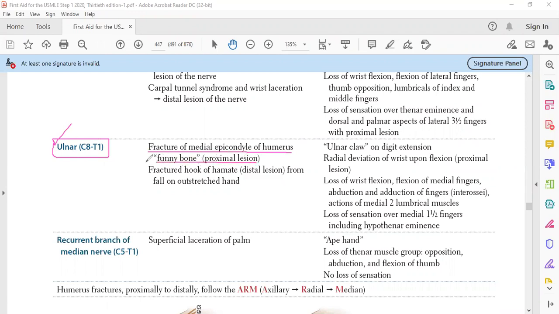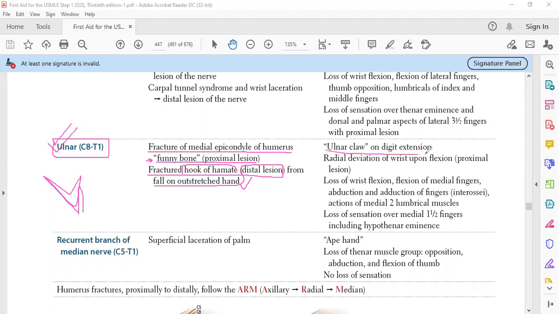Then we have the fractured hook of the hamate, which is a distal lesion from a fall on an outstretched hand. It is often asked: there is a person who has a fall on his outstretched hand, where is the lesion? In this scenario, if there is a fracture of the hook of the hamate, a distal lesion from the fall on the outstretched hand, there will be a lesion of the ulnar nerve.